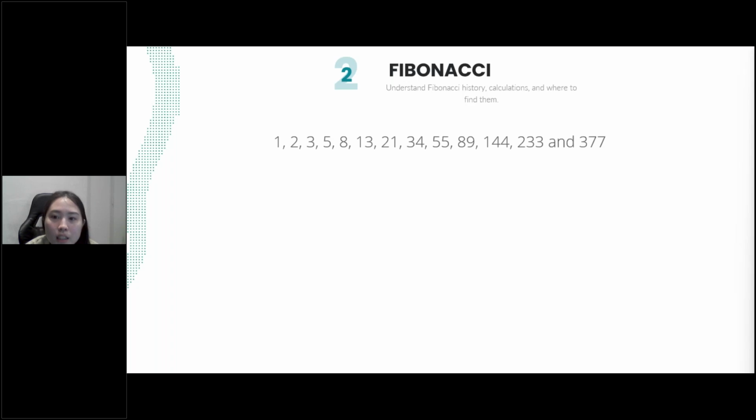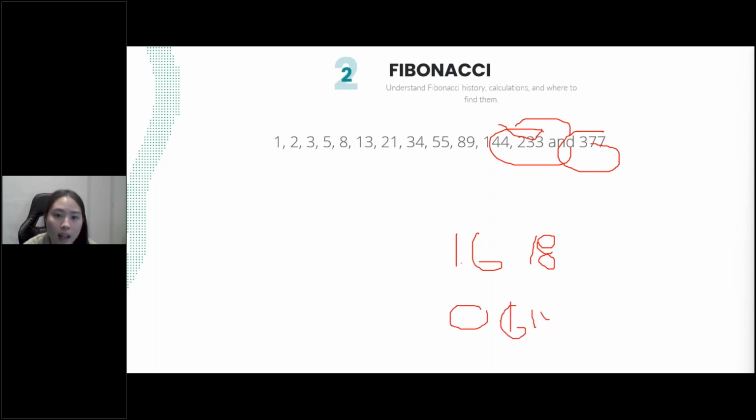Now, with the Fibonacci numbers, we take 377 divided by 233. We get 1.618. So 1.618 is the golden ratio in the Fibonacci series. If we invert it, it becomes 0.618.